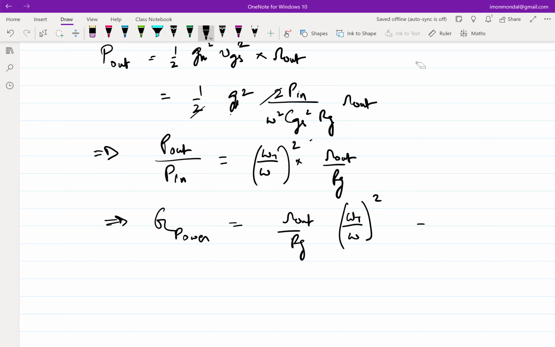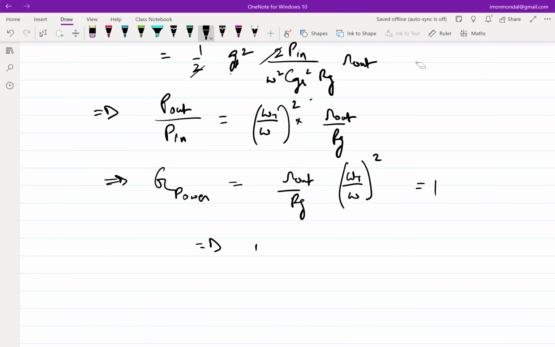and this power gain goes to unity at omega max. That is the maximum frequency where you can get a power gain, which is related to omega T. You see that this obviously is much more than omega T, because typically your RG will be of the order of a couple of ohms, and R out, even if you use a very crappy transistor, can be like 100 ohm or even 50 ohm, depending upon what GM you are sizing for.